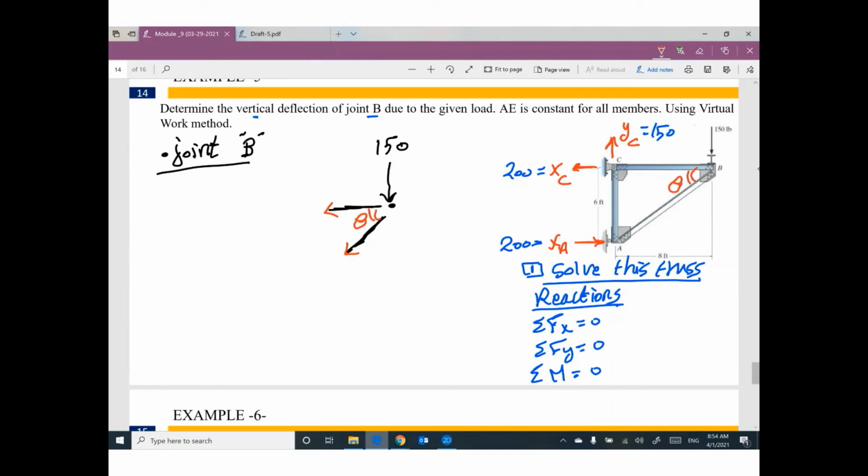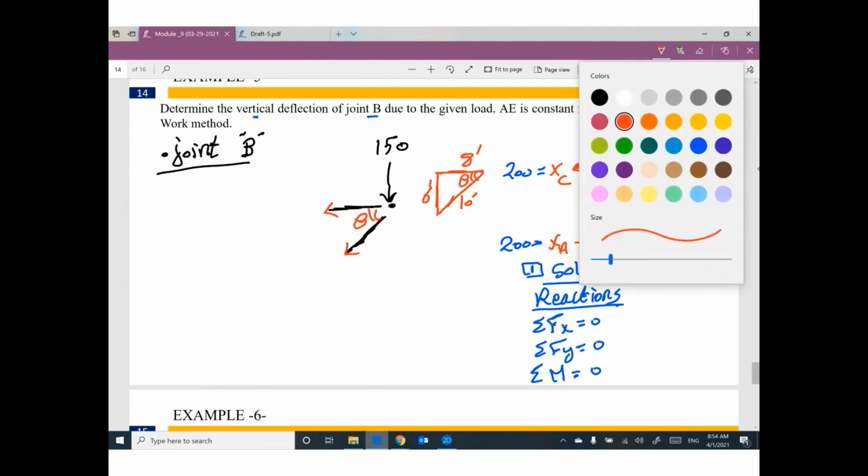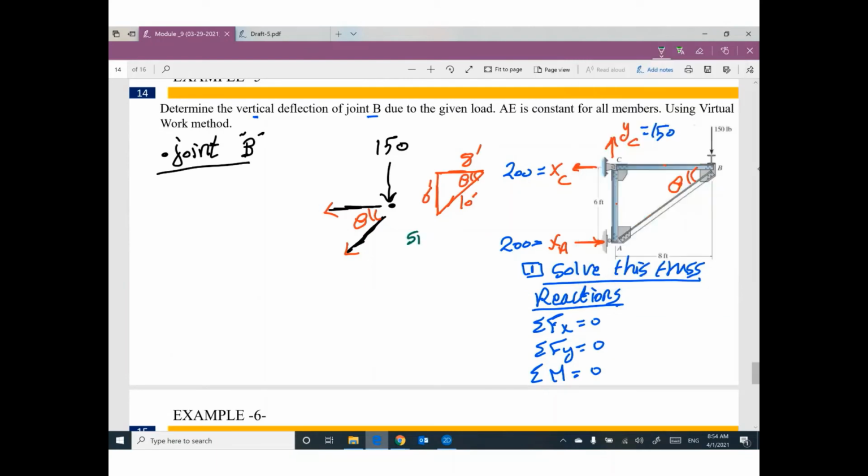By the way, this one is 8, this one is 6, this one will be 10 feet, and this is the angle theta. So I can figure out the value of sine theta equals 6/10, cosine theta will be 8/10.